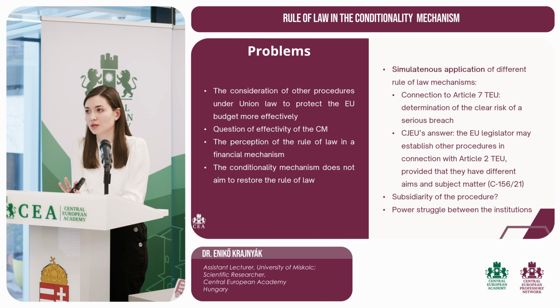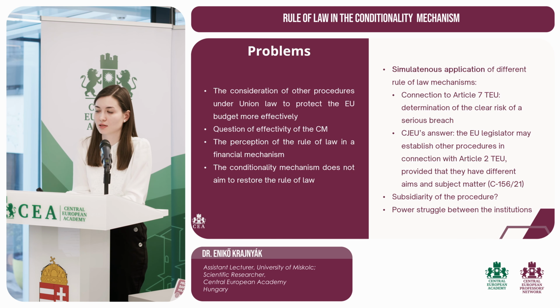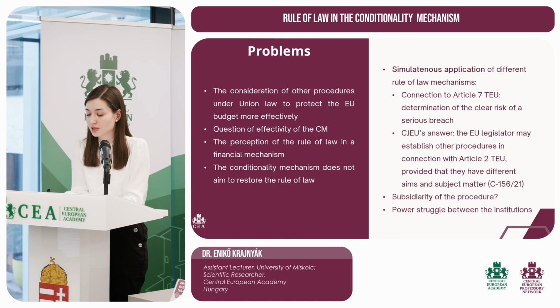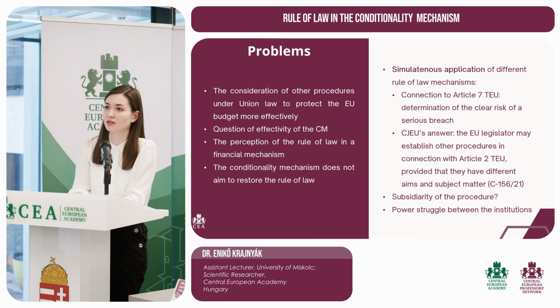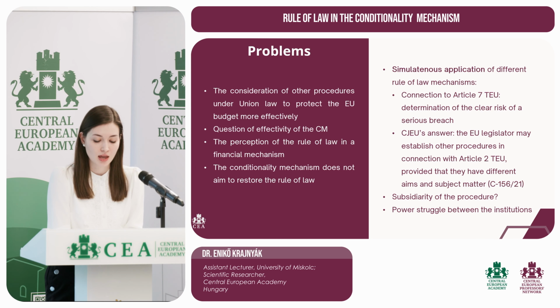The CJEU answered that it is not a problem and that the EU legislator may establish other procedures in connection with the protection of the values set out in Article 2 TEU, provided that they have different aims and different subject matter. And the court said that given that this is not a rule of law procedure as such, but a financial procedure, it is absolutely acceptable to trigger this mechanism also at the same time.